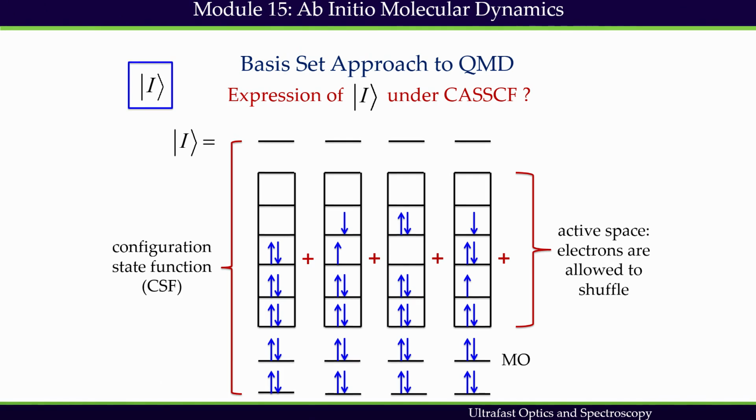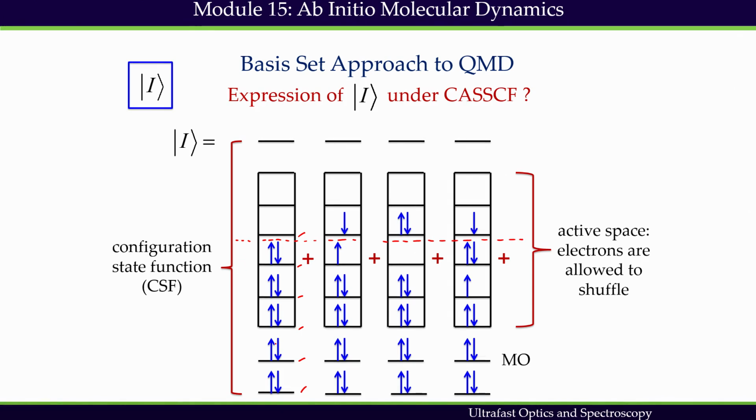Here, what we have drawn are different electronic configurations. These are the levels corresponding to the molecular orbitals, and we see that molecular orbitals are fully occupied below this level for the first configuration. So they are doubly occupied.